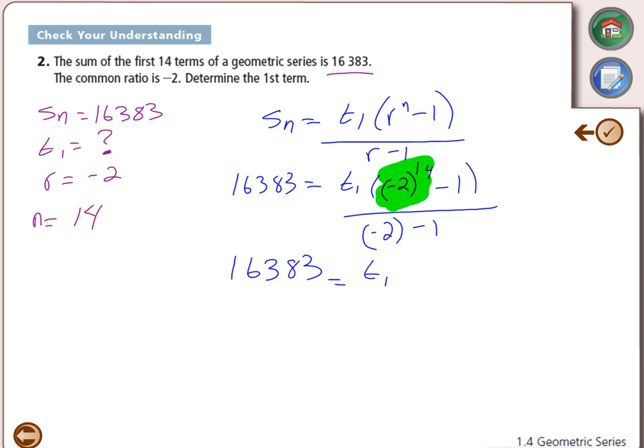16383 equals T1 times negative 2 to the 14 is 16384. Positive. That's an even exponent. That negative has to be inside the brackets if you plug it into your calculator. Minus 1 over, that's going to be negative 3. Multiply that negative 3 over.